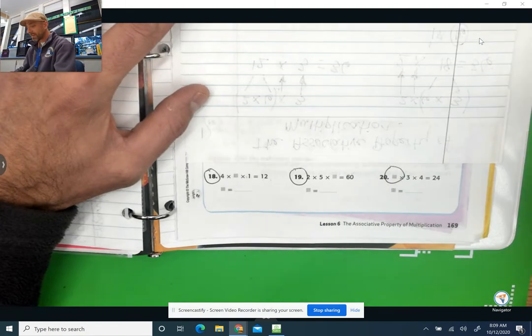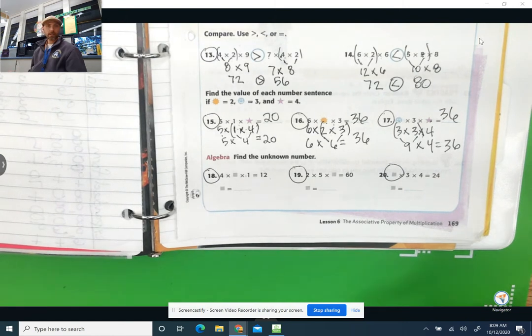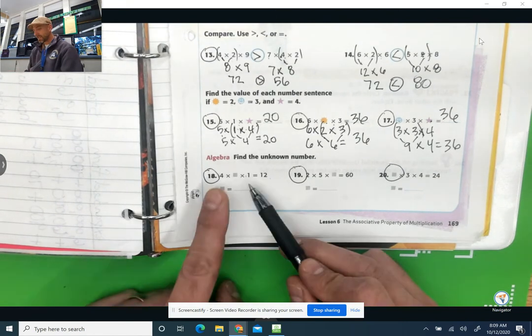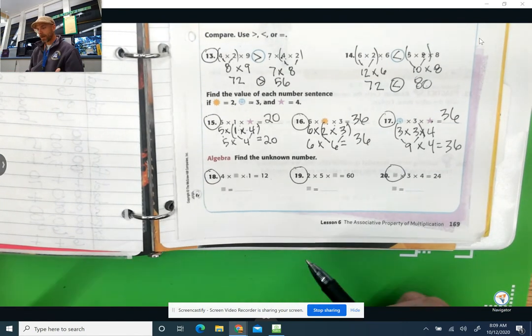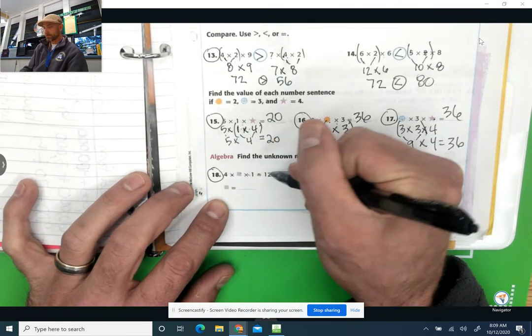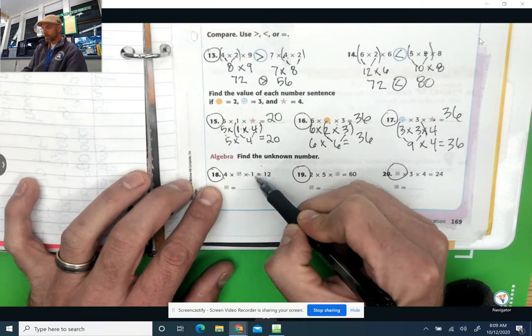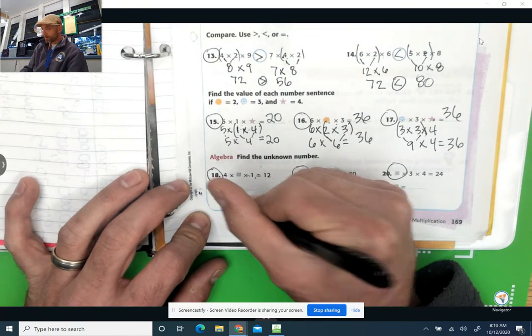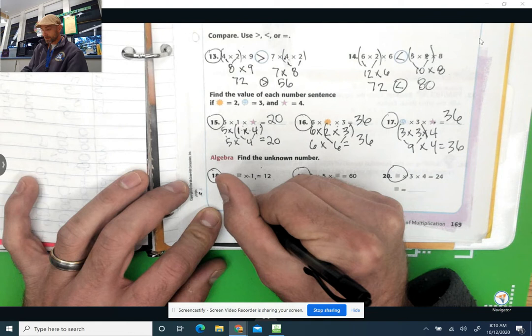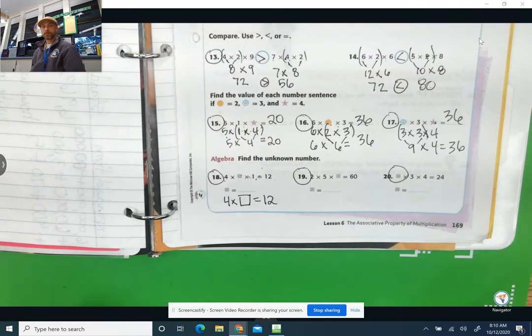Now in this case, kiddos, what you want to do is multiply what you have. In this case, you have a 4 and a 1. What do you got? You got 4. Multiply 4 and 1. And then you end up with 4 times your little blank box equals 12.